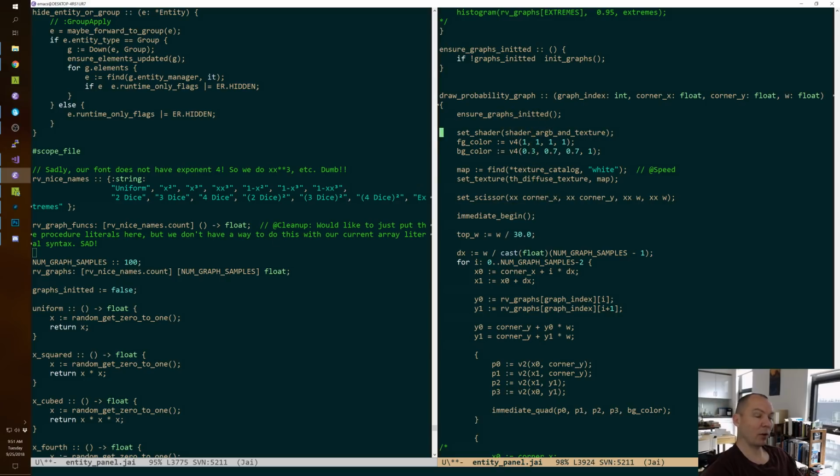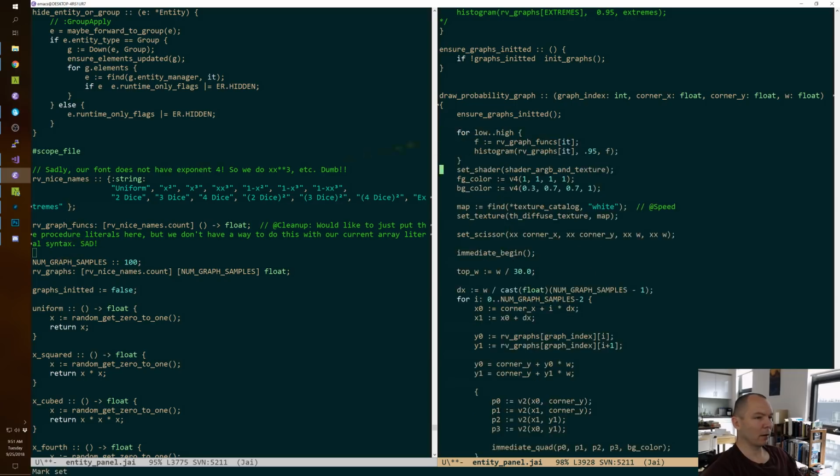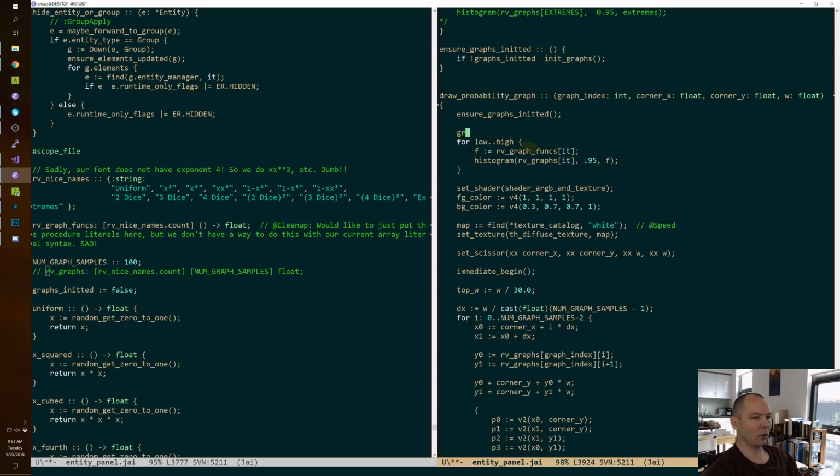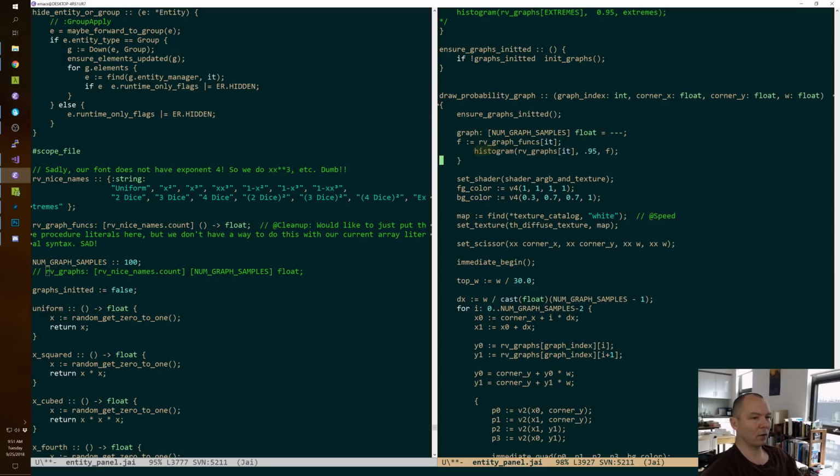So we ensure graphs are knitted, which now just pokes those function pointers, right? And instead of having this RV graphs at all, we're just going to say graph is num graph samples float equals da da da da, and graph index, and then we histogram into graph with F.